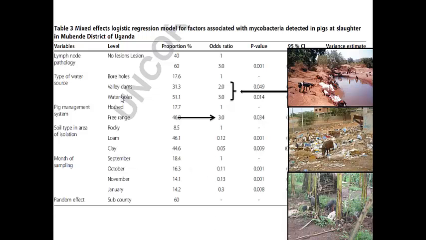But also, when we analyzed pigs from households that practiced free-range, that means they left their pigs to go around to look for food, as compared to those who housed them, we found that those pigs that were left to go roaming actually had 3 times more non-tuberculous mycobacteria than those that were housed.